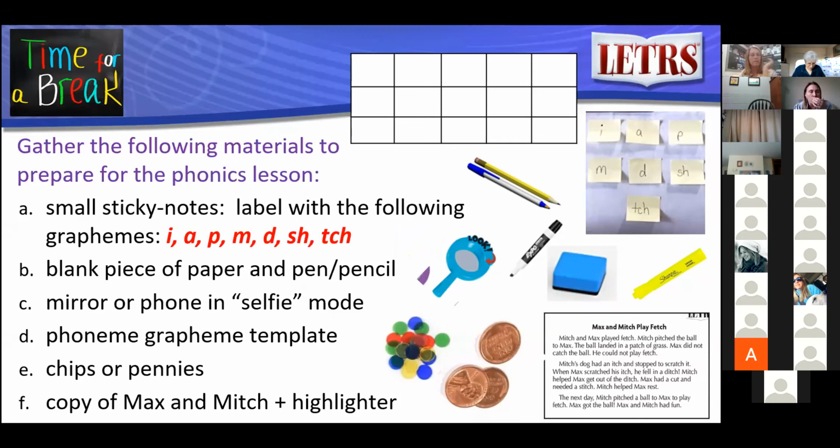So I need to choose which one is screen one and which one is screen two. Oh, there it is on the screen. Okay.